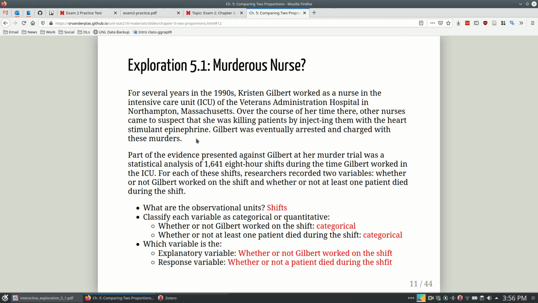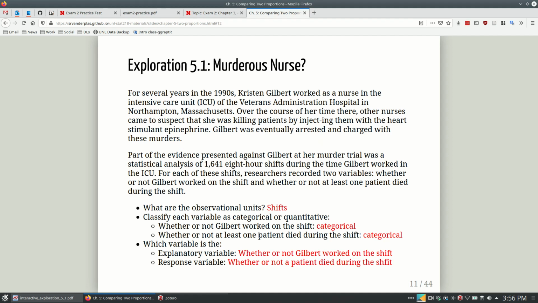So this actually went all the way to trial. There was a statistical analysis of all of the shifts while this nurse was employed at the ICU, and they tabulated up shifts that she worked, people that died and survived, and then shifts that she didn't work with the number of people that, or the proportion of shifts where people died versus not, okay?